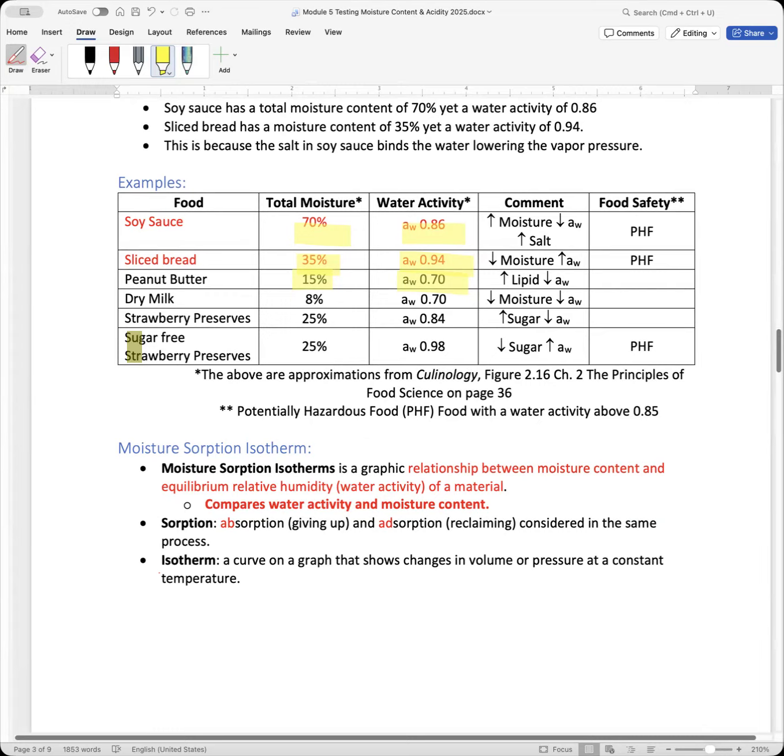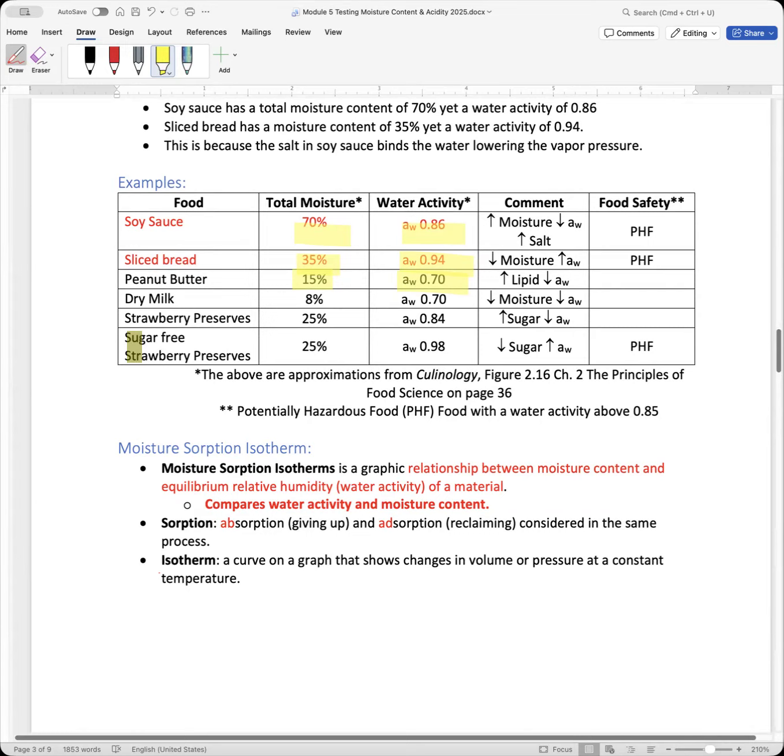So two things are important. If we look at the dietary guidelines or the FDA, if they want us to lower the salt content and to lower the sugar content in food, that is going to dramatically affect the water activity.